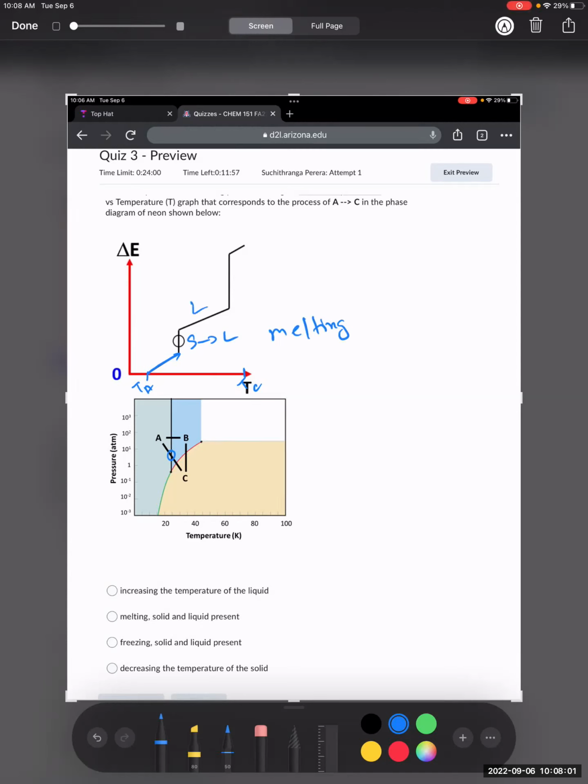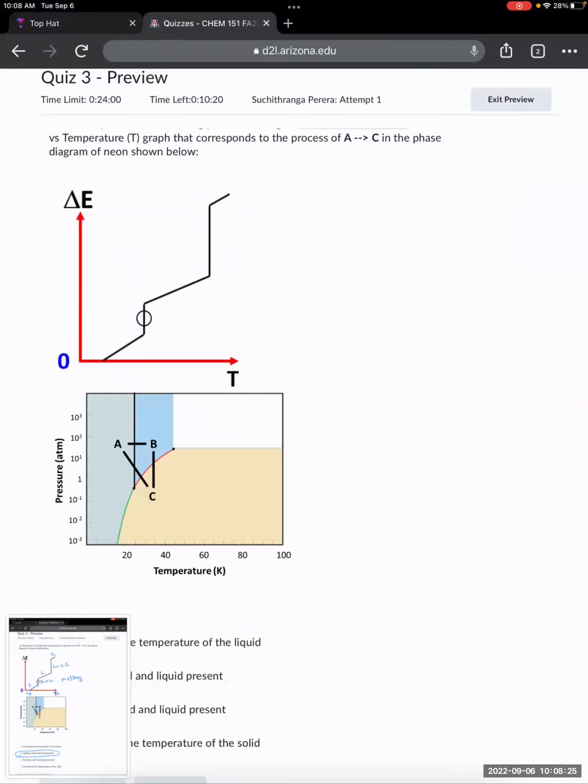This is liquid heating up, then the liquid to gas phase transition, then the gas, and so forth. So this is melting, and there's only one answer with melting. I'm going to select that. Yeah, in that region both solid and liquid are present. That is correct. So let's select that.